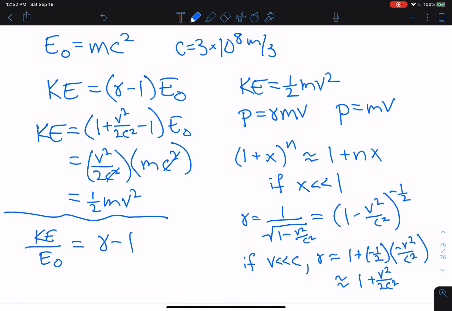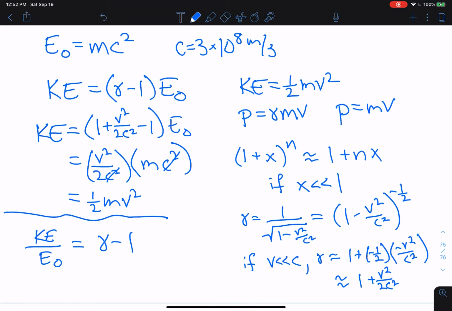At 1, that's when an object isn't moving. This is 0, so that's just telling us the kinetic energy is 0. But as an object moves faster, gamma is going to get larger and larger. Eventually, gamma will get to 2. 2 minus 1, of course, is 1, and that's telling us the kinetic energy equals the rest energy. And then beyond that, the kinetic energy is going to be greater than the rest energy.